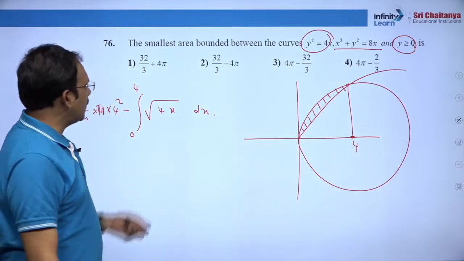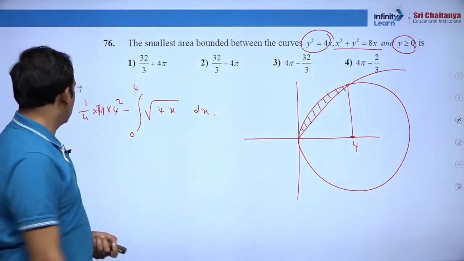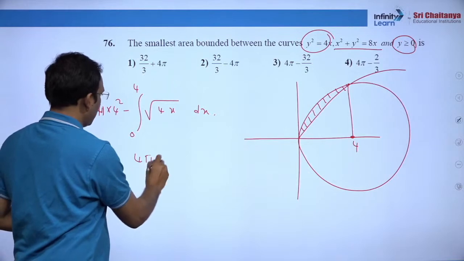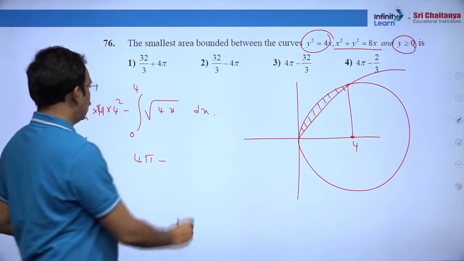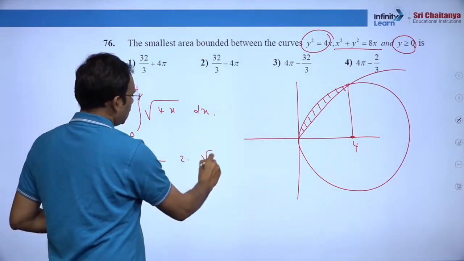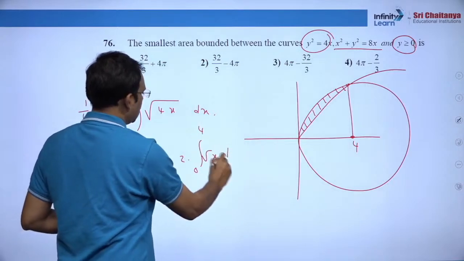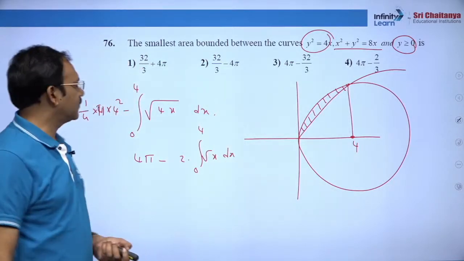Yes, you just find it, this is the area you need to know. This is 4π minus, you will get 2 into root x, this is a simple integral, you just do this integration, you will get the answer, right.